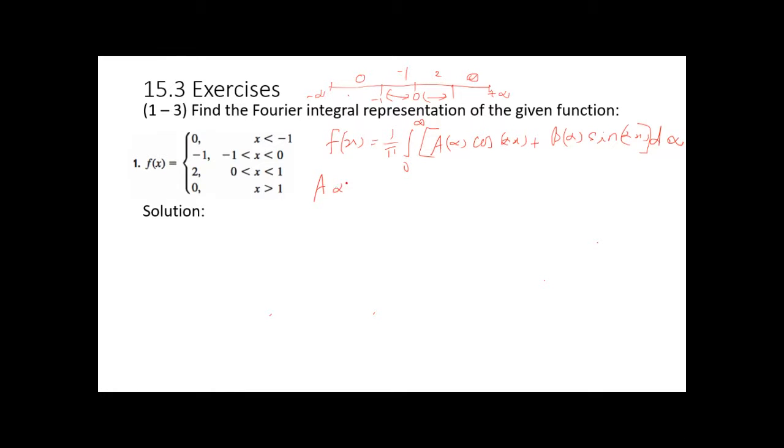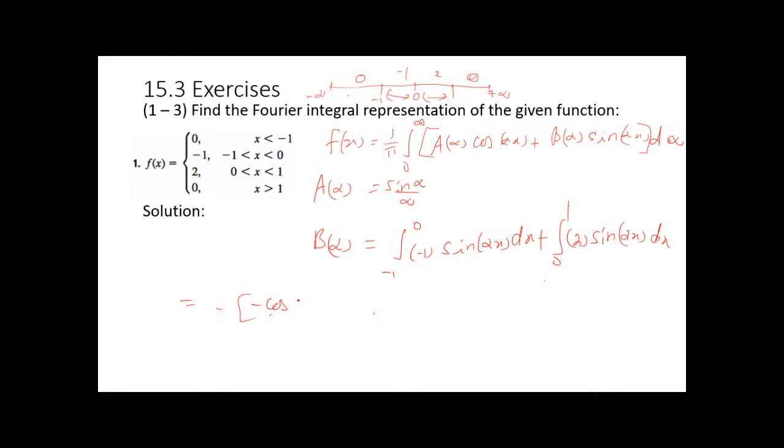So the answer for a of alpha is sine alpha over alpha. Now find b of alpha, which is again from negative 1 to 0, minus 1 times sine alpha x dx, plus the next interval 0 to 1, 2 times sine alpha x dx. When you integrate sine, it will be minus cosine alpha x over alpha.